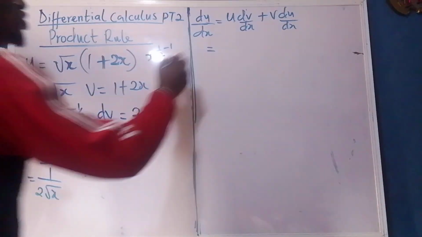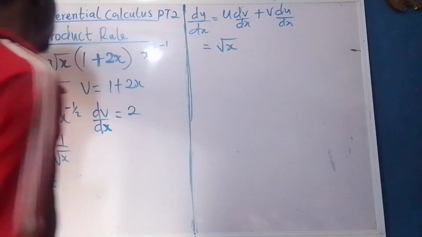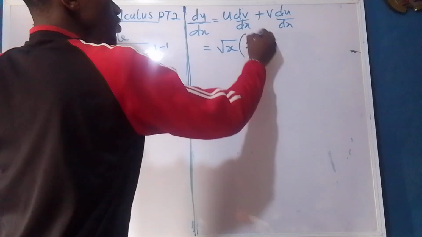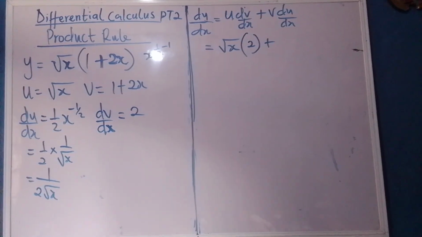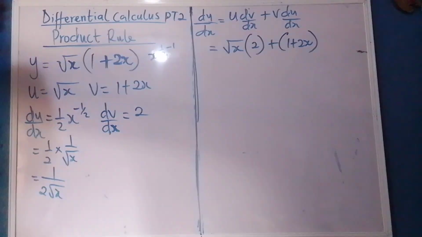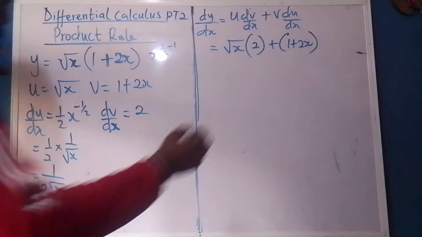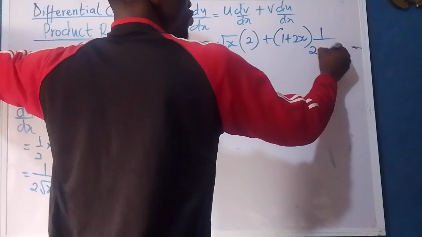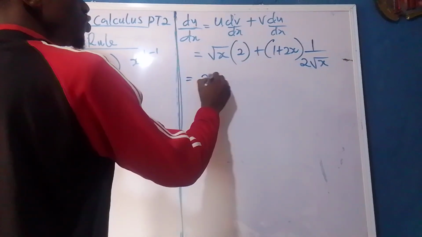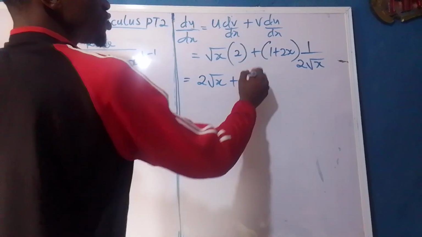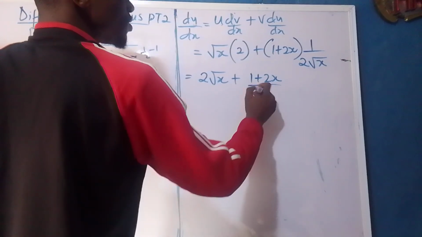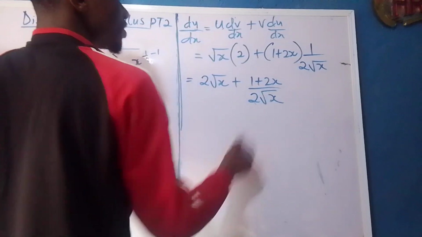So our value of u is root x, and multiply by dv over dx, that's 2, plus the value of our v, which is 1 plus 2x, multiply by du over dx, which is 1 over 2 root x. So this is going to give 2 root x plus 1 plus 2x over 2 root x.